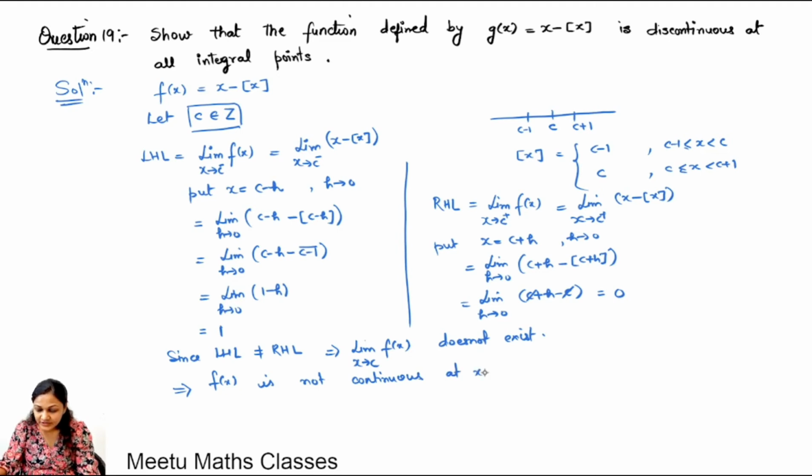And x equals c was an arbitrary integer, so your f(x) is not continuous at all integral points.